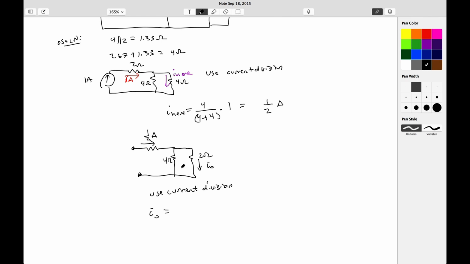I naught, which is what we're looking for, is equal to the resistor we don't want divided by the sum of the resistors, and then multiplied by the input current, which in this case is 1/2. So we're going to get 2/3 of 1/2, which is just equal to 1/3 of an amp, or 0.33 amps.